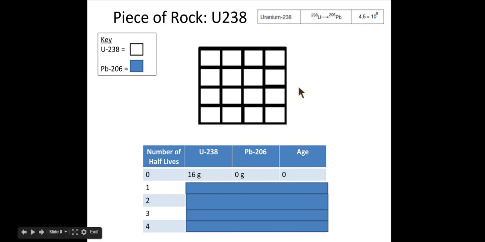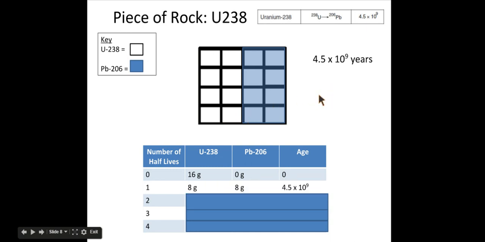So if 1 half-life goes by, 4.5 times 10 to the 9th years, I'm going to cut that 16 grams in half. So I should have 8 grams. So let's see that. 4.5 times 10 to the 9th years goes by, and I have half lead and half uranium. So I have 8 grams of lead and 8 grams of uranium.